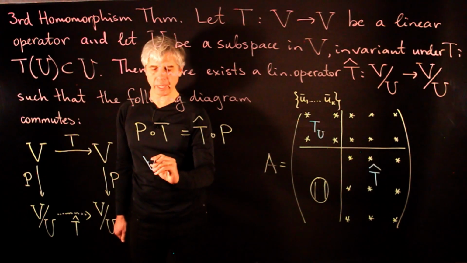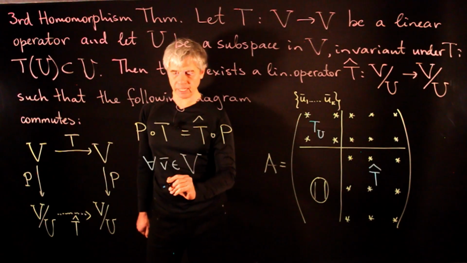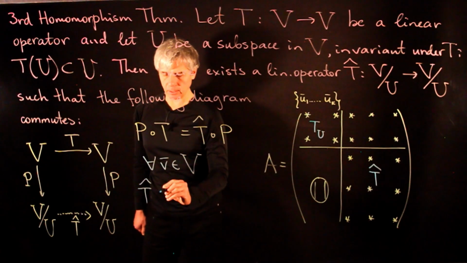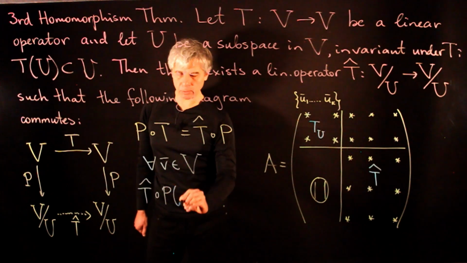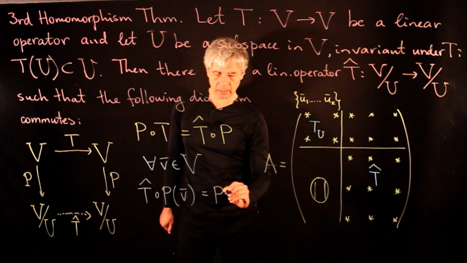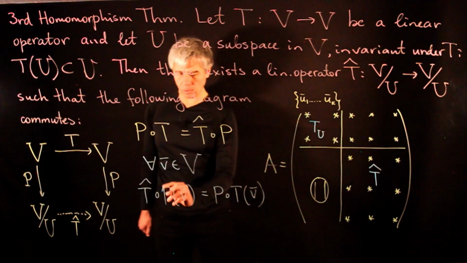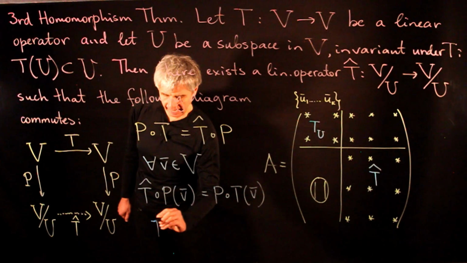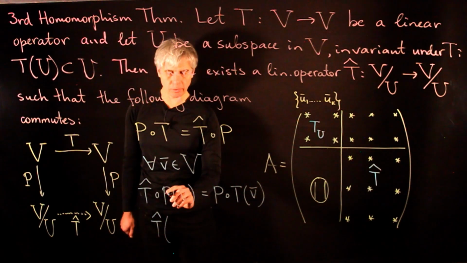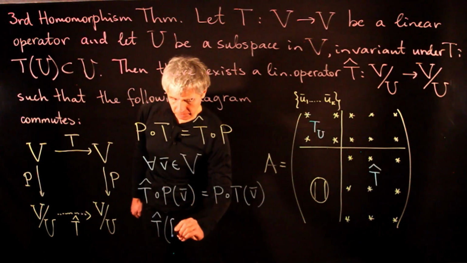Let us analyze this equality of these two compositions. So this says that for every vector v in the vector space V, we will have T hat composed with P applied to vector v is equal to P composed with T applied to vector v. Or on the left, we have T hat of the canonical projection applied to vector v, which gives us the equivalence class of v.